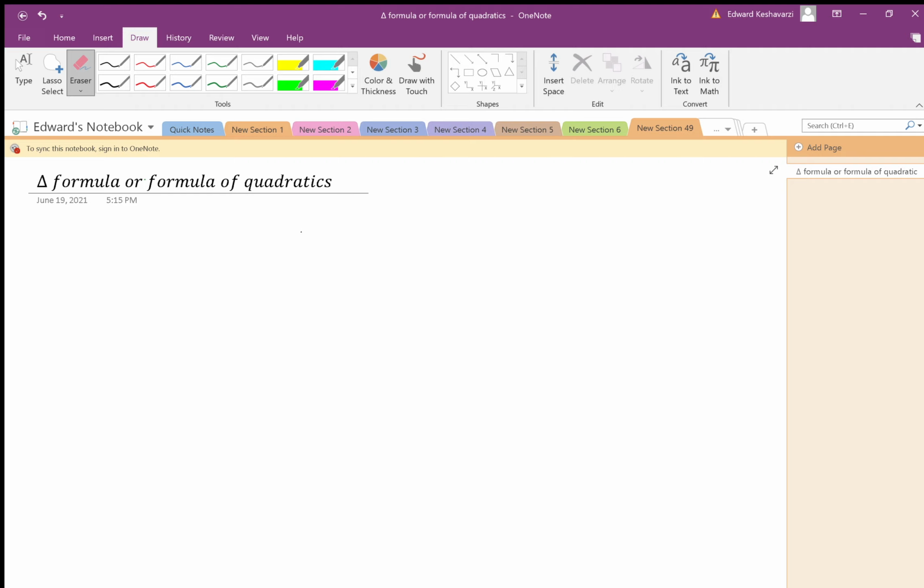Today's lesson is about the delta formula, or formula for quadratic equations. The thing is, not every quadratic equation is factorable. For example, if you look at x squared plus x minus 1 equals 0, no matter how hard you try, you cannot factor this quadratic equation.